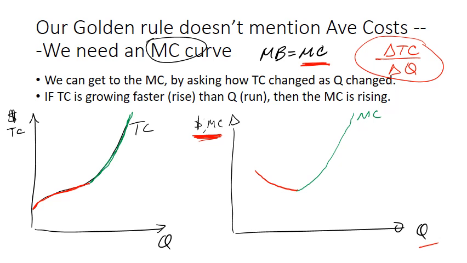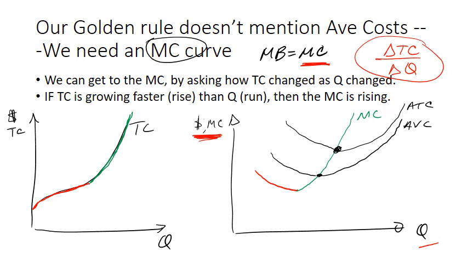The last thing I want to teach you about it is that it also has a specific relationship with your average total and average variable costs. Your average total cost is always going to be intersected at its minimum point by the MC, and that is also true of the average variable cost.